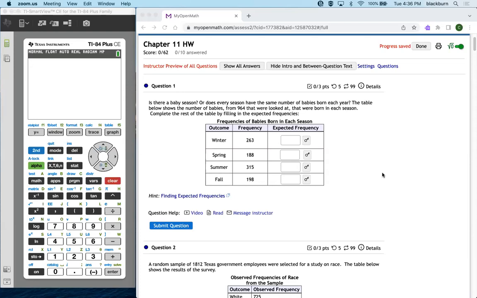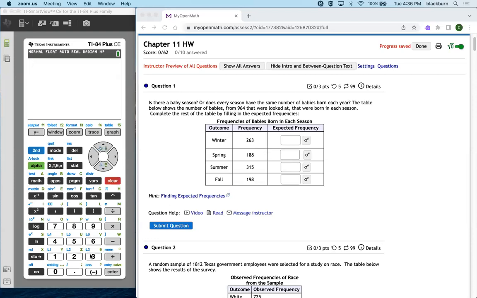All right. So is there a baby season, or does every season have the same number of babies born each year? The table below shows the number of babies from 964 that were looked at that were born in each season. Complete the rest of the table by filling in the expected frequencies. All right, so if it didn't matter what season the baby was born in, there would be 1/4 of the babies born in each season.